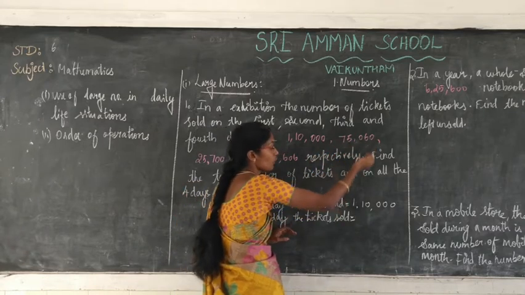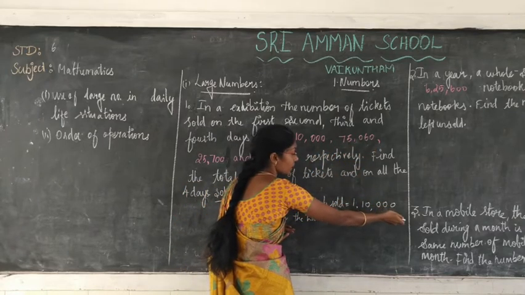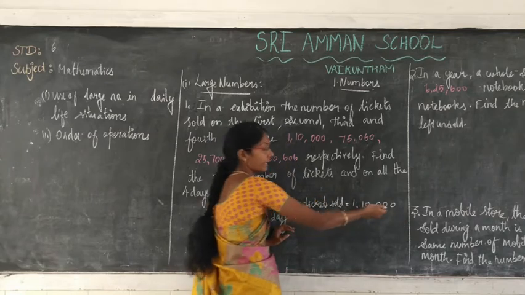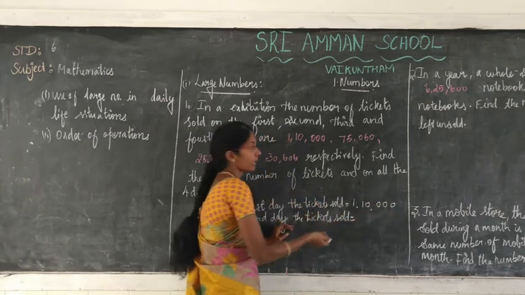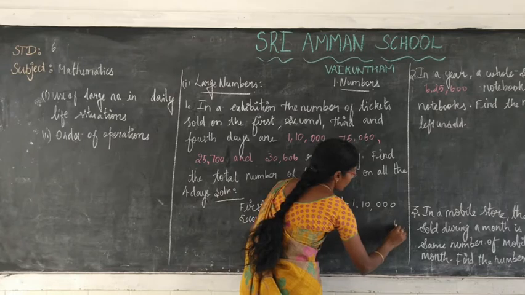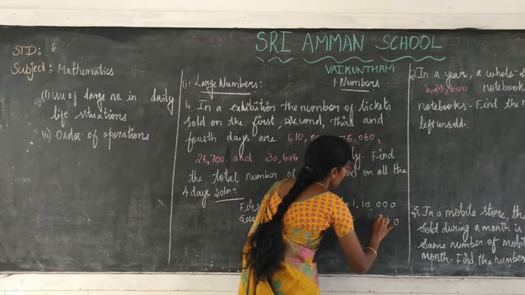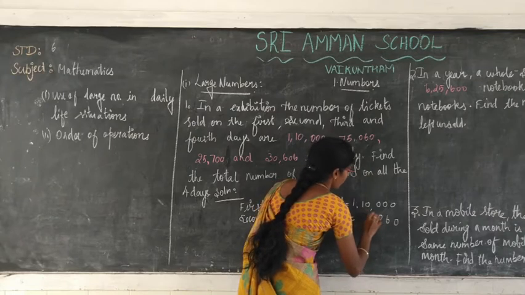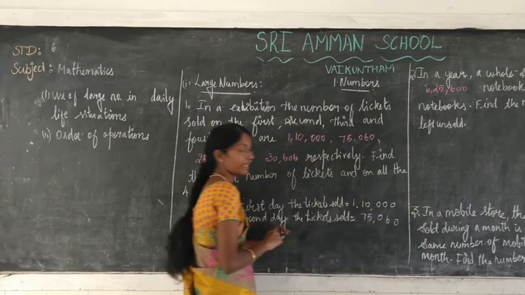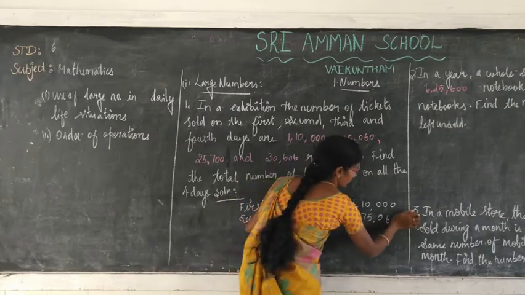75,060. You have to arrange numbers from the end to front. So 0, 6, 0, 5, 7. Like this only you have to arrange.